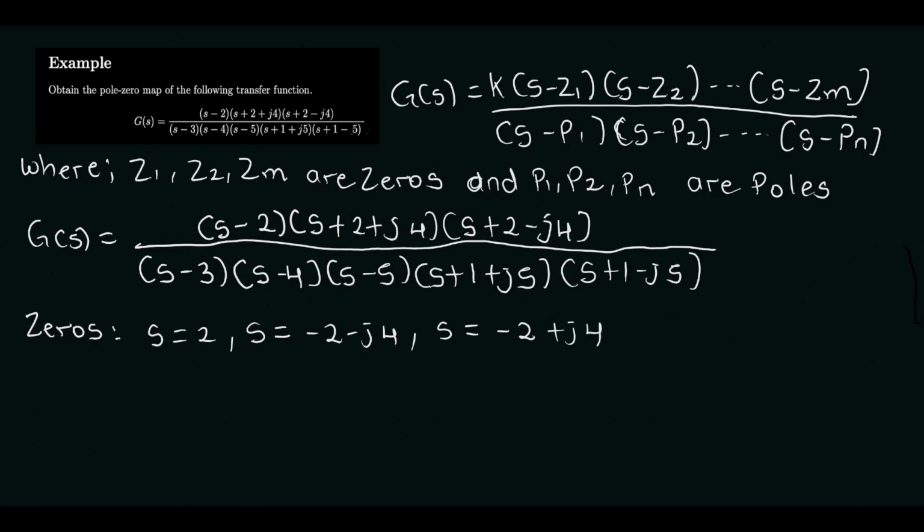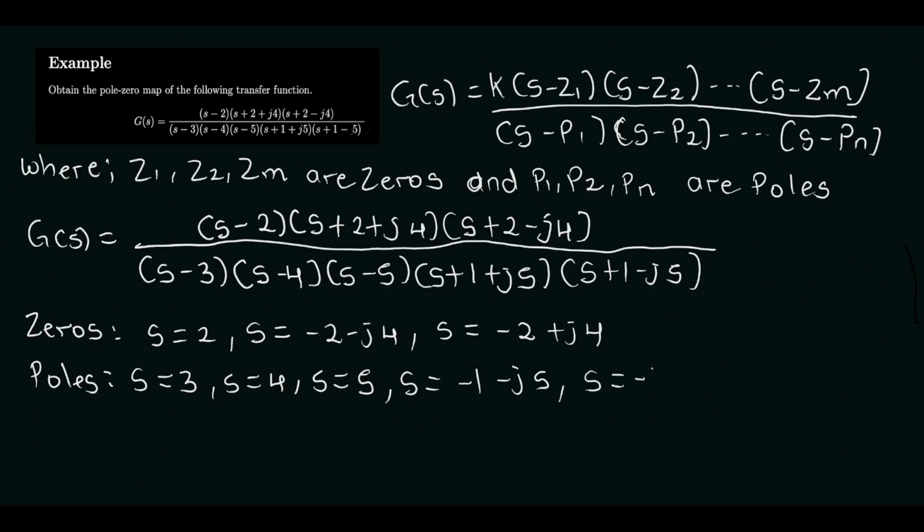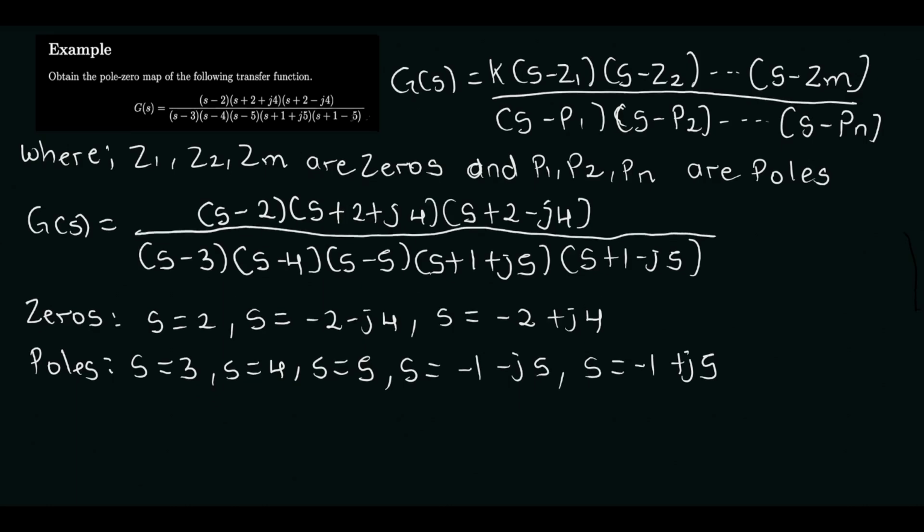For your poles, you have s equals 3, s equals 4, s equals 5, s equals minus 1 minus j5, and s equals minus 1 plus j5. So I hope you understand how we got this.